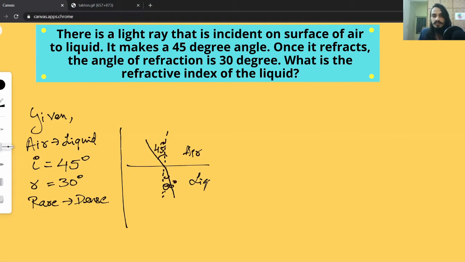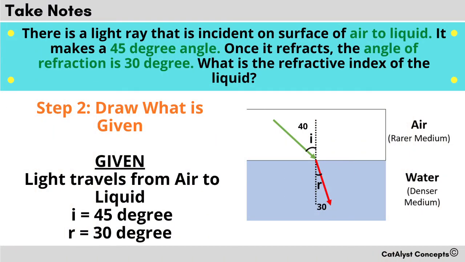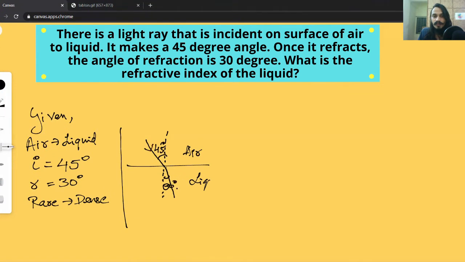Now what is being asked? What is the refractive index of this liquid? If I know Snell's law, which we do, it gives one very simple equation. I told you, you can remember any one, and that's sufficient to solve any sum.